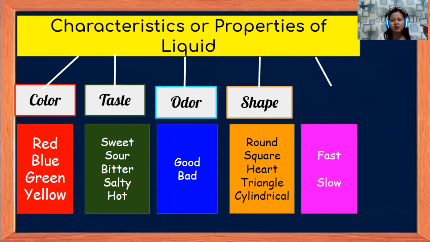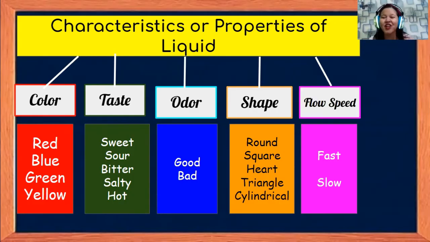We call them the flow speed, or the speed flow of the liquid. These are the characteristics or the properties of liquid that you should remember and understand, okay? Once again, we have here the color, taste, odor or smell, the shape, and the flow speed.